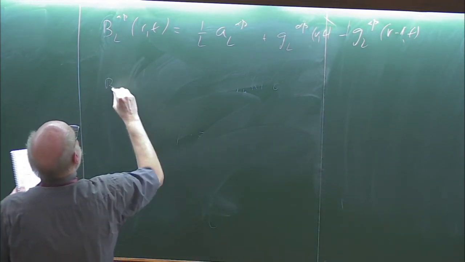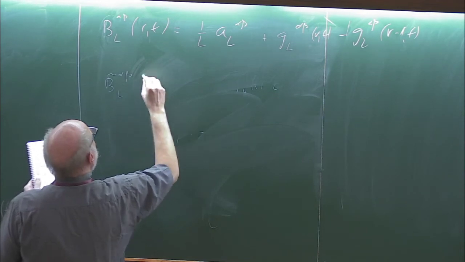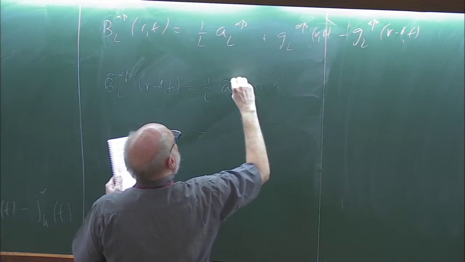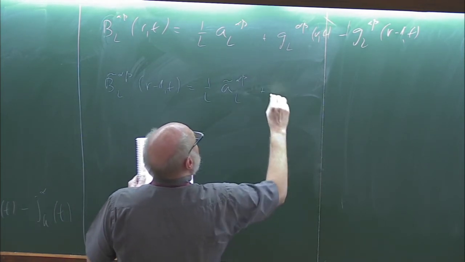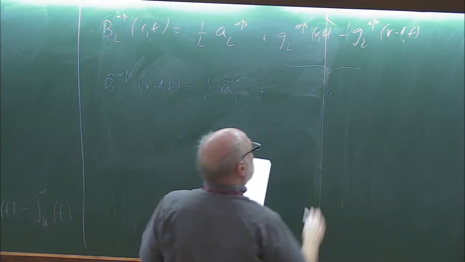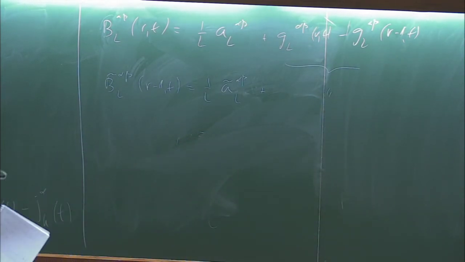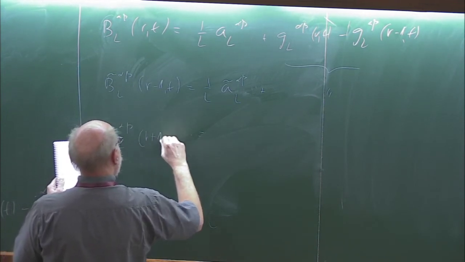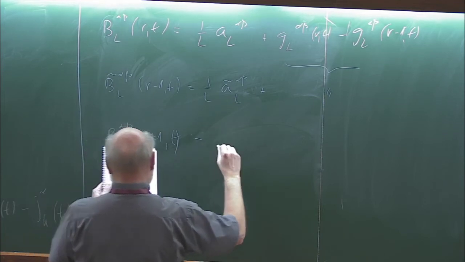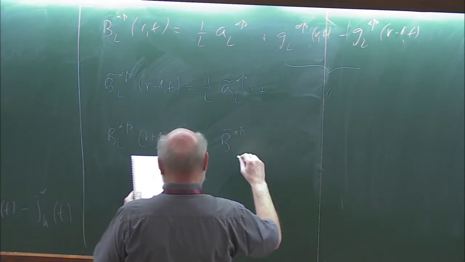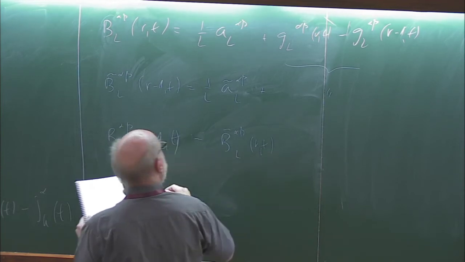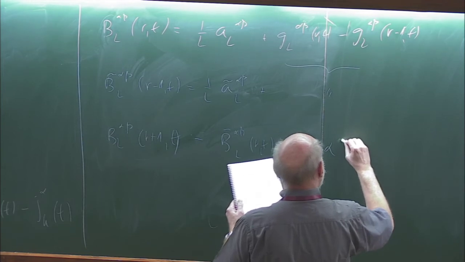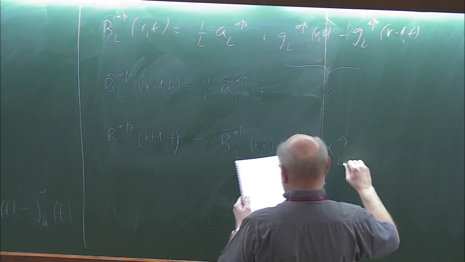You also find B̃_L^{αβ} of R minus 1 and T is equal to 1 over L times Ã^{αβ}_L plus the same thing. So you subtract and you find B_L^{αβ} of R plus 1 and T minus B̃^{αβ}_L of R and T is equal to a constant, 1 over L times... It's not very good notation.